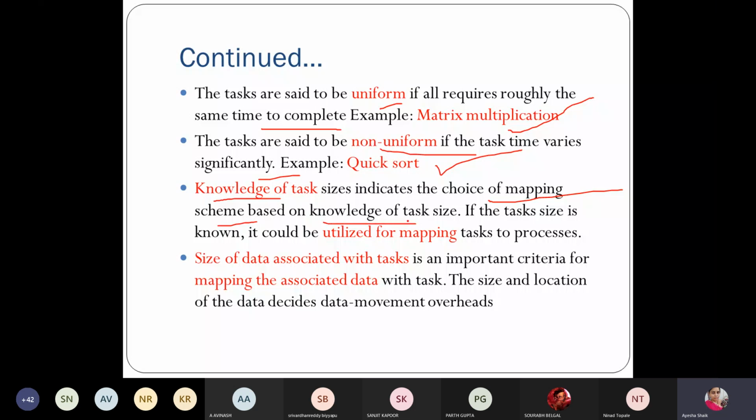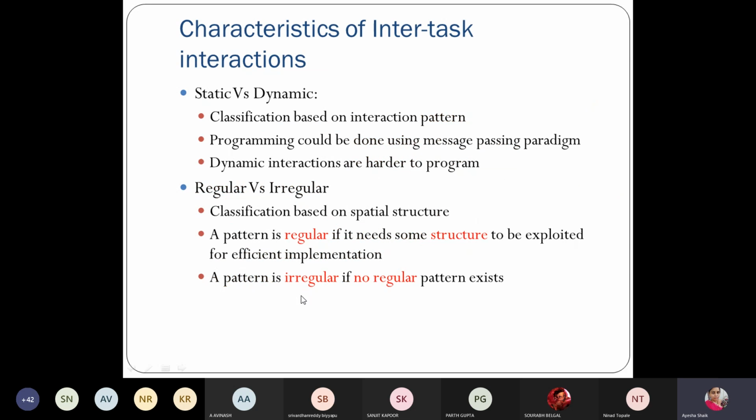So if the task size is known, then we can utilize it for mapping the tasks to processes. Another important criterion is the size of the data associated with the task. The size and location of the data will be decided based on the data movement. So what are the overheads that we have to consider?